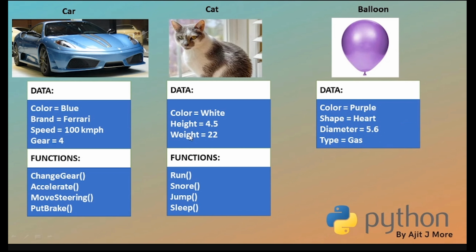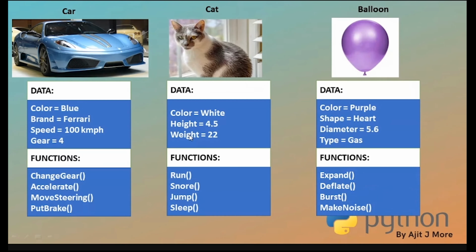And does balloon have behavior also? Yes. It expands as you go on filling the air in it. Does it expand? Yes. If I put a pin on it, it bursts and it will again deflate. It will become again normal. And when it deflates, does it create a sound also? Yes. So all those are expand, deflate, burst, make noise, all are behaviors of balloon.